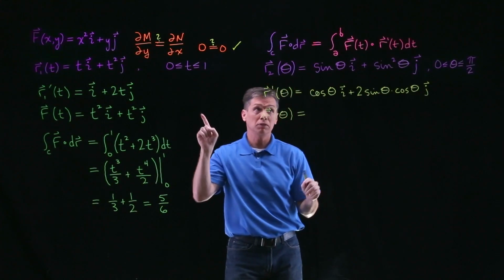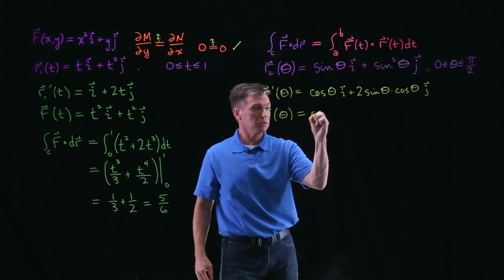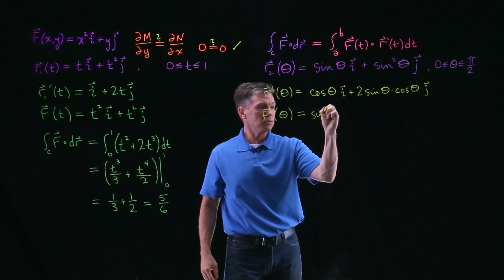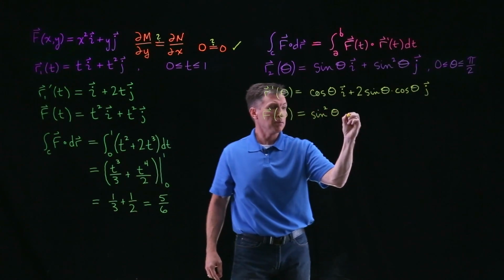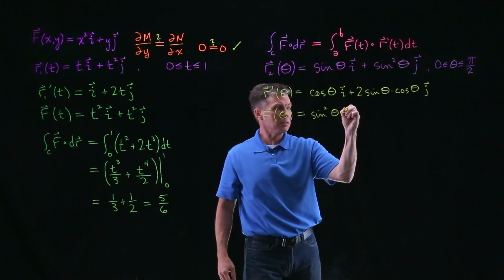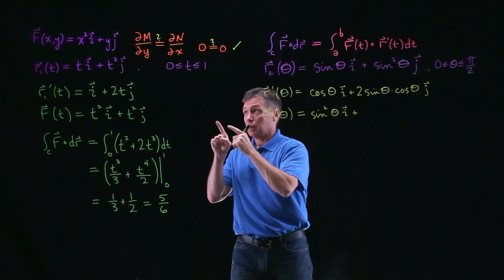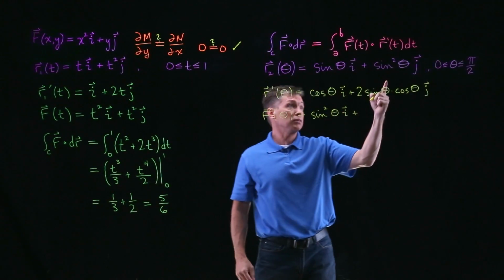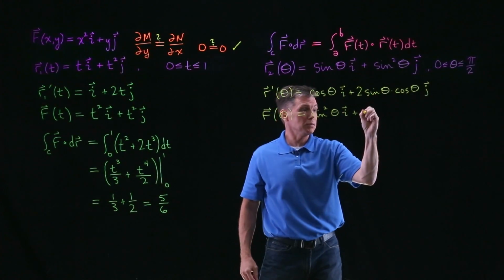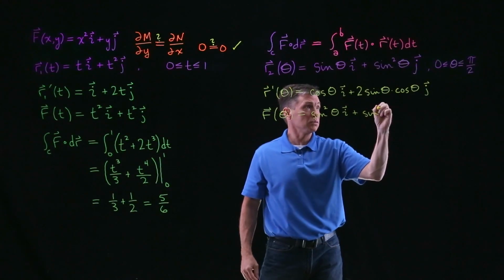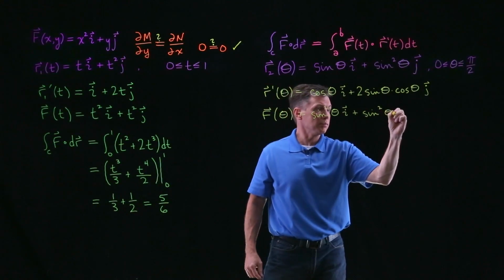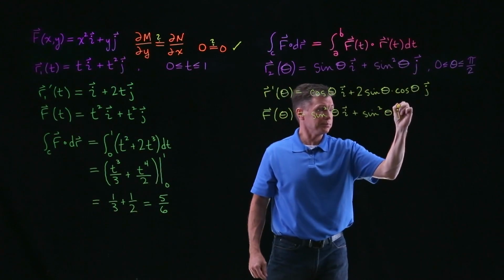So the first thing I need is x squared. That's going to be sine squared theta times the i vector plus, the plus coming from my f, y, so that's just this part, sine squared of theta times j.